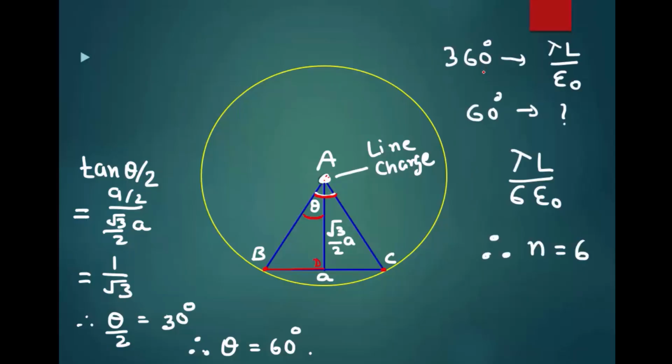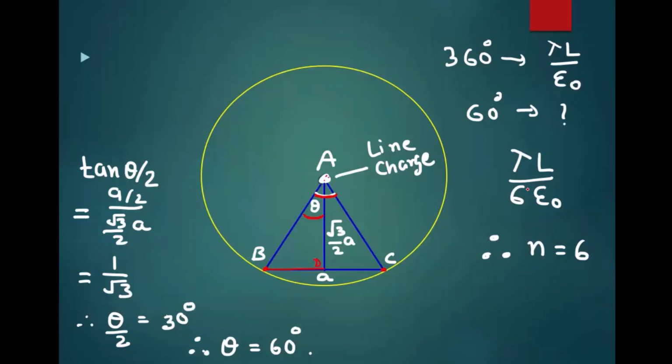We know that for 360 degrees, if I take the entire cylinder, then the flux is lambda L upon epsilon naught, as we saw earlier. So for 60 degrees, that means for this plate, what will be the flux? Obviously, 60 is 1/6 of 360, so this will also become 1/6. So the flux associated with this particular plate will be lambda L upon 6 epsilon naught.